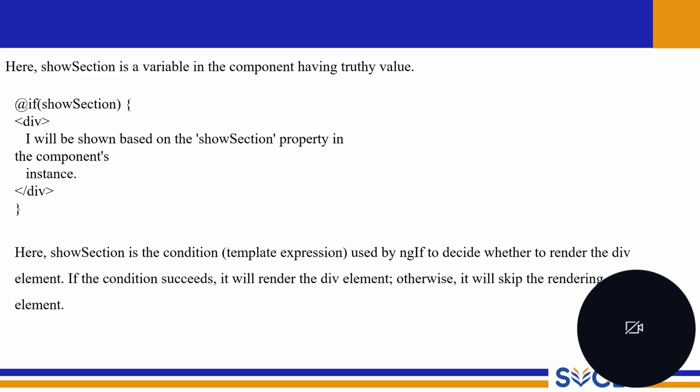So here showSection is the template expression used by ngIf to decide whether to render the div element. If the condition succeeds, it will render the div element. Otherwise, it will skip rendering the element.